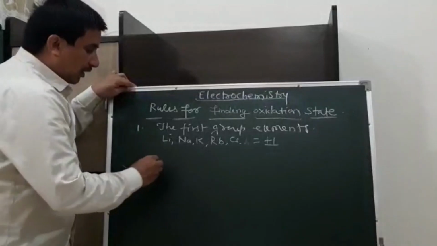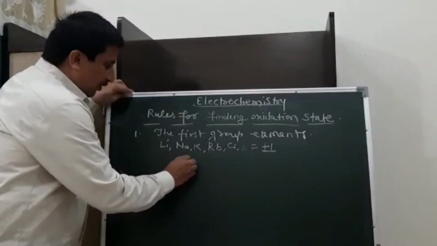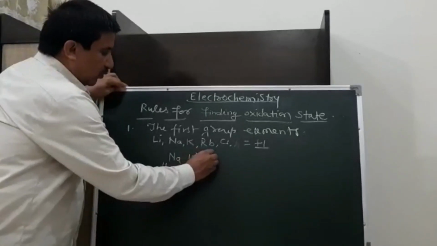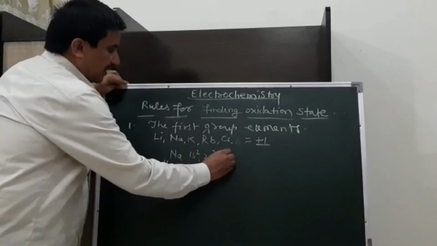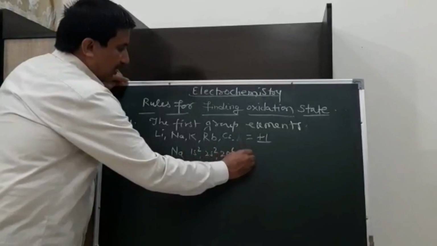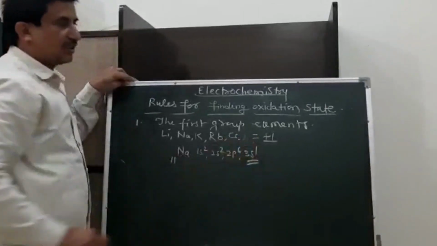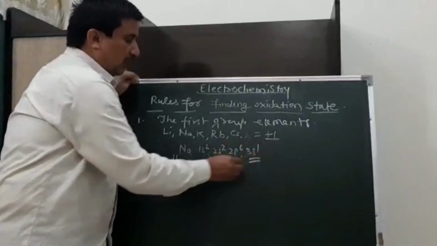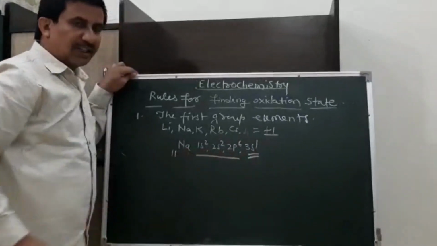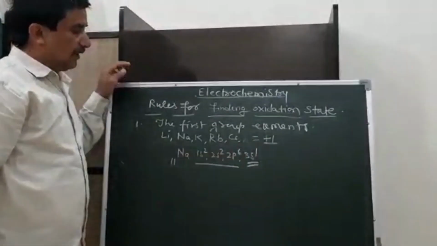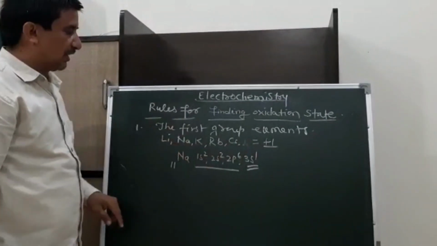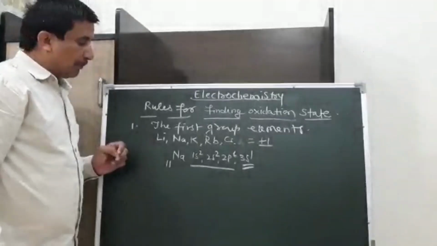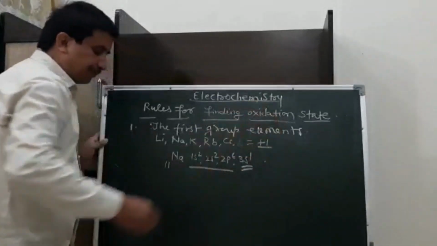So look, if we see sodium having atomic number 11, 1s2, 2s2, 2p6, 3s1, having one electron in its valence shell or last shell, therefore it loses this electron and attains the noble gas configuration, thereby exhibiting +1 oxidation state. So in a nutshell we can say the first group elements show +1 oxidation state.